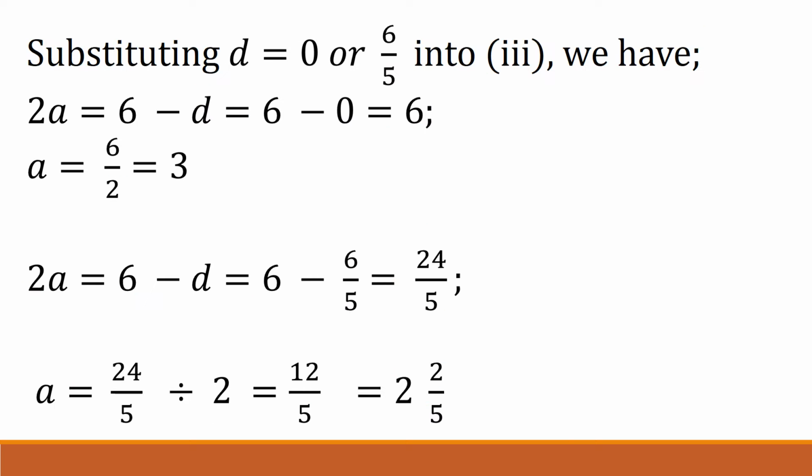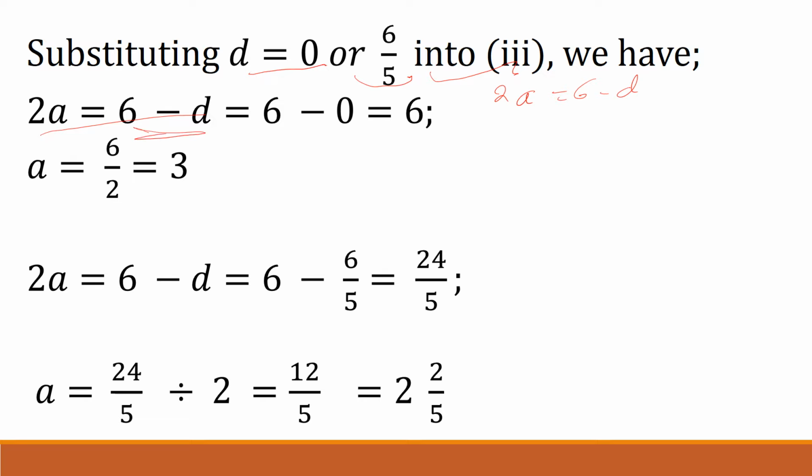Substituting D equals 0 or 6 over 5, for us to find the first term, into equation 3. So equation 3 is 2A equals 6 minus D, which is what I have here.